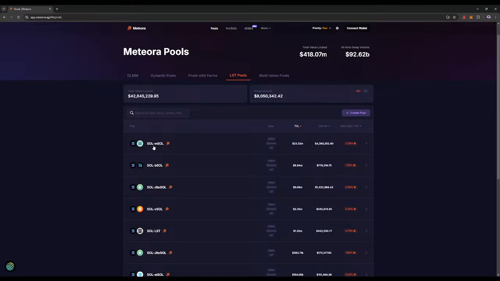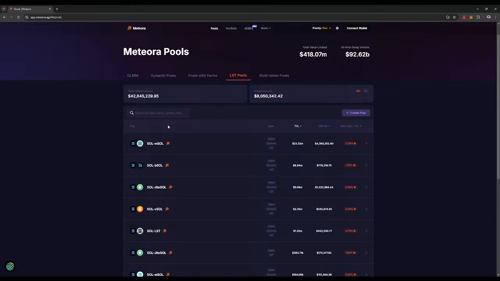So yes, they behave exactly like dynamic pools, but additionally they also help you negate the impermanent loss which is created by the nature of the LST tokens. So again, this mitigates the risk to your liquidity.